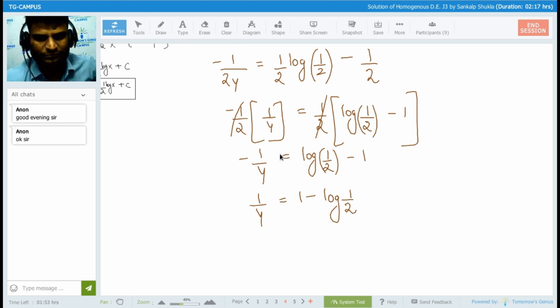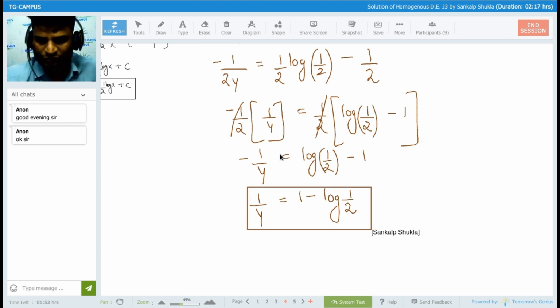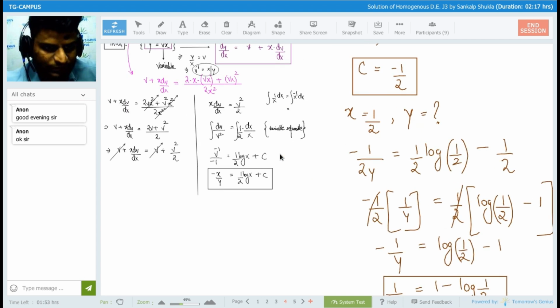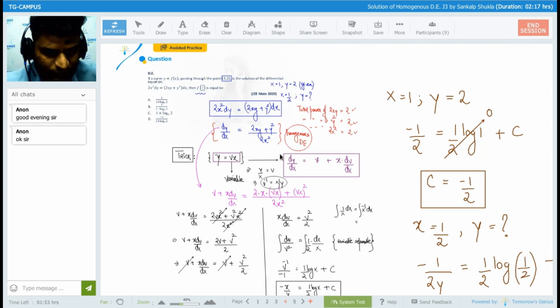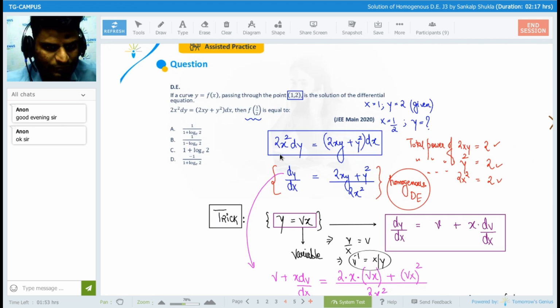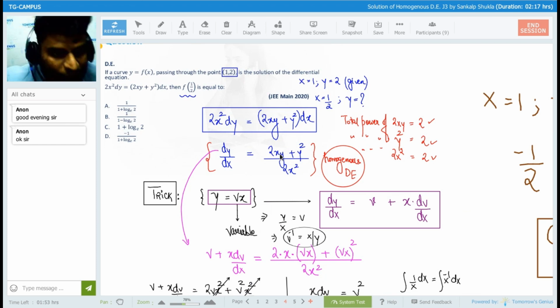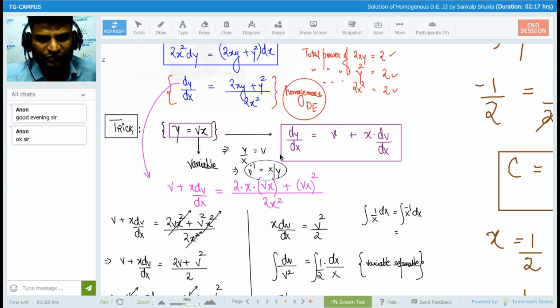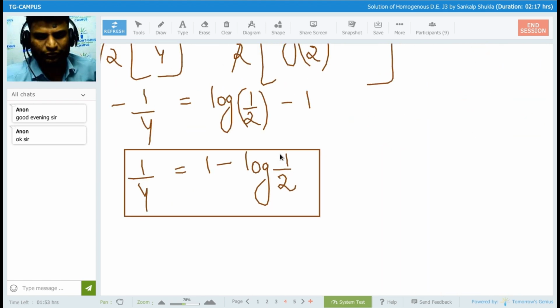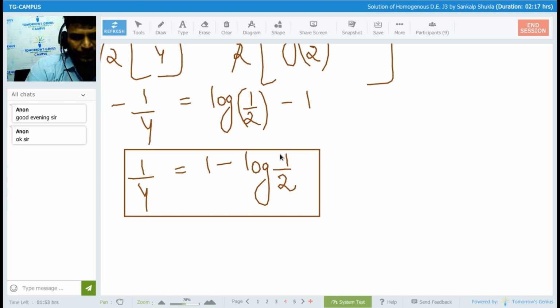Okay. So from this you can find the value of y. So let's look at the suitable options. See, log 2 is the only term that they are using. So we have to convert our log 1 by 2 into log 2. So this can be written as 1 by y is equals to 1 minus log 2 raised to the power minus 1.